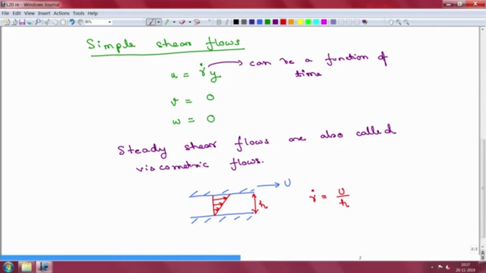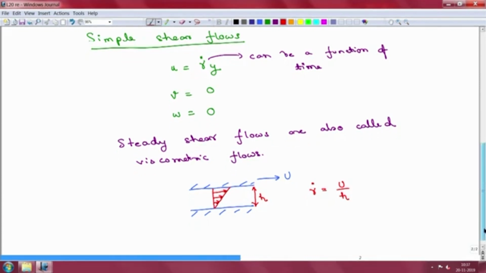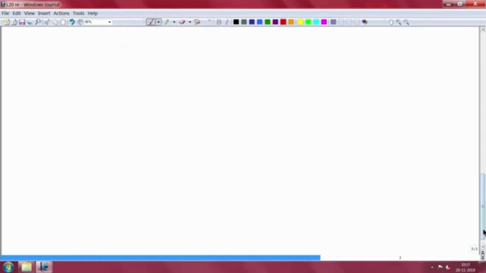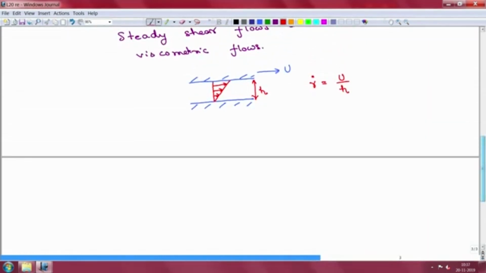Now, this kind of flow is very important because it helps us characterize some important quantities; we will see that there are important material functions for polymeric flows and viscoelastic flows in general.